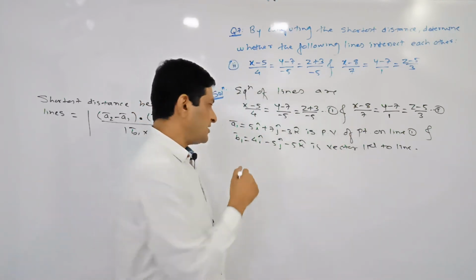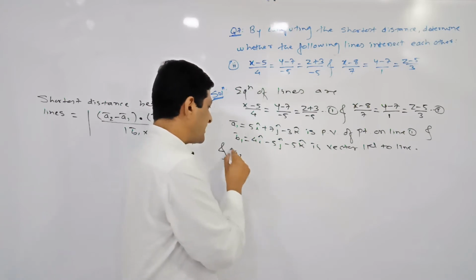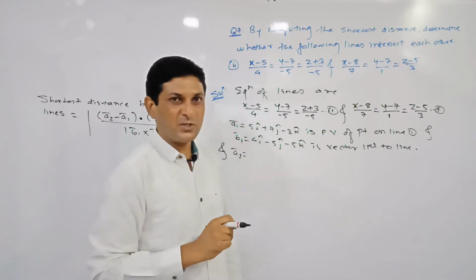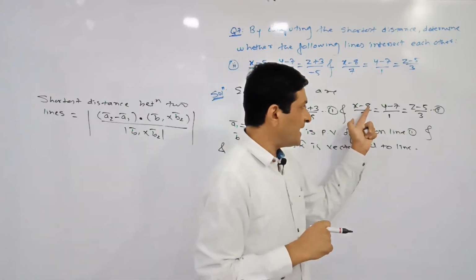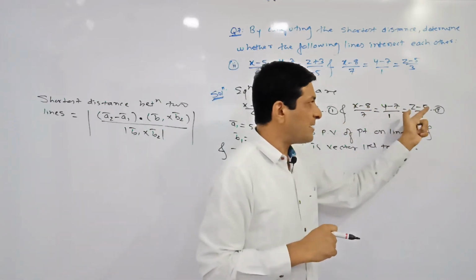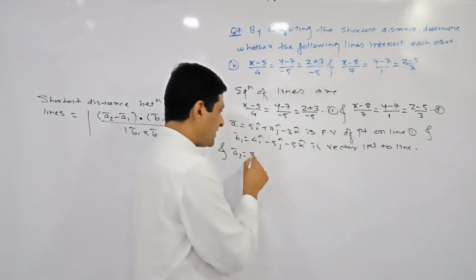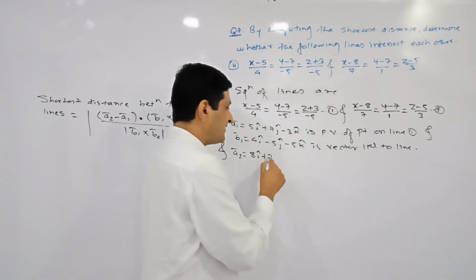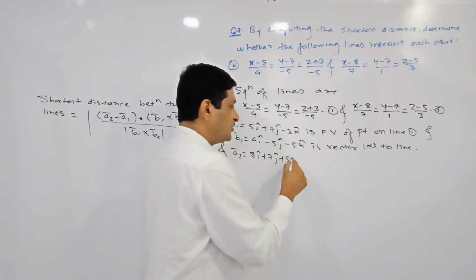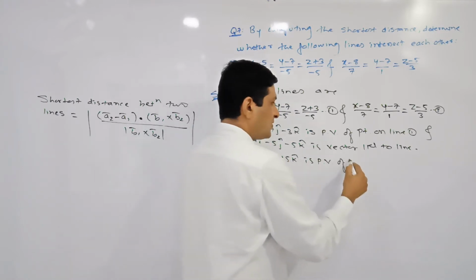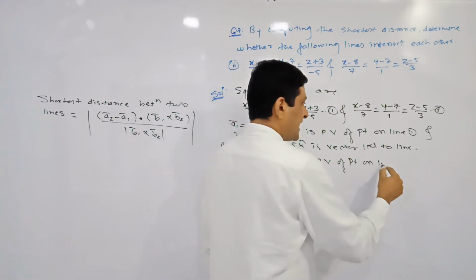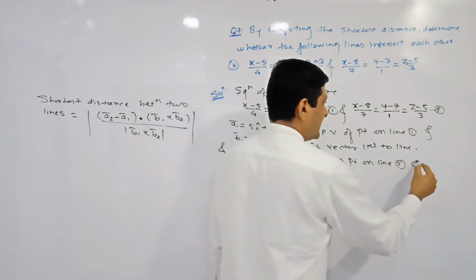Now observe equation number 2. Here the position vector of a point on the second line we denote by a2 bar. So what will be its value? 8i cap plus 7j cap plus 5k cap is the position vector of a point on the second line.